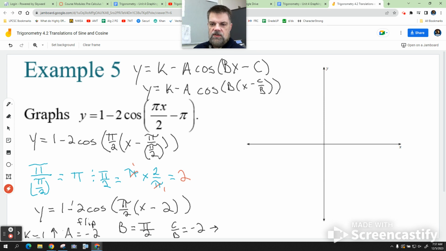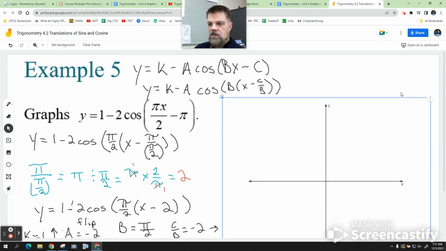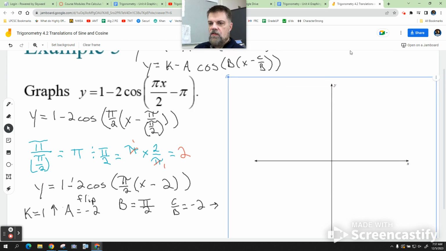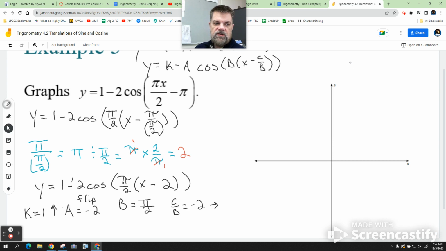I'm trying to figure out how to do that best and leave it in the notes. But if I draw 4 graphs with 4 different colors, that would be very confusing. So anyways, I'll do stuff in yellow.